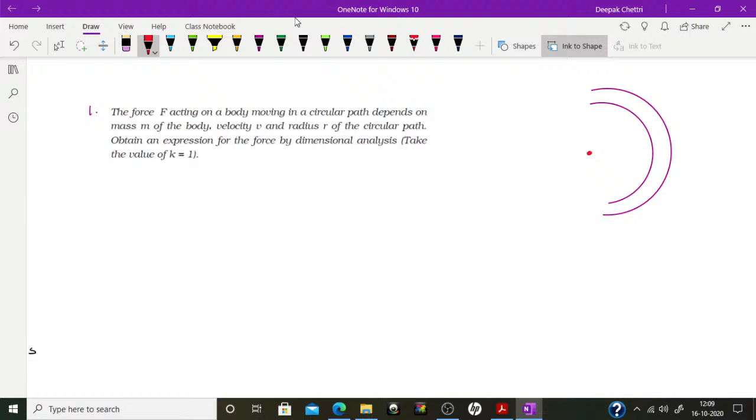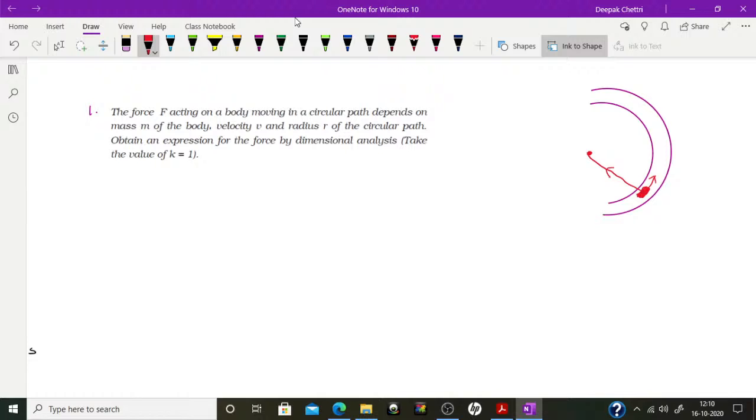This is the center, understand, and let us say there is a car moving on this road in this direction. This is the direction in which the car is moving. In order that the car remains in this path, there is a force that is acting on it, pulling this car into the center, and if that force was not there, then the car would skid off, it will go off the road, understand.